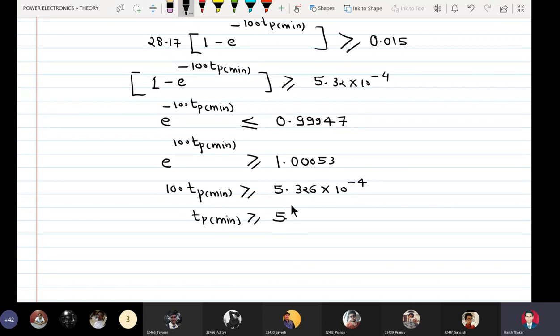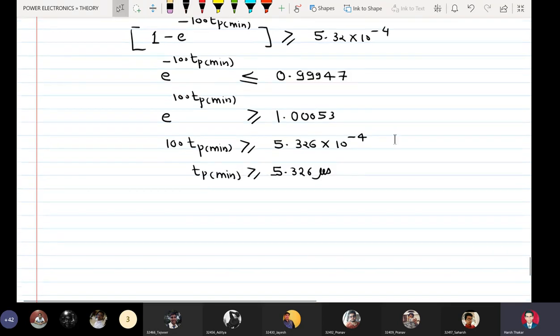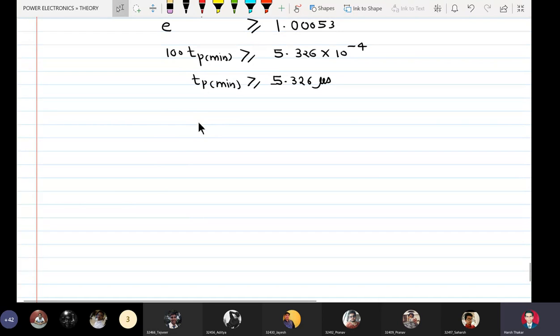So the answer is, the minimum pulse width to ensure latching of the SCR is 5.33 microseconds.